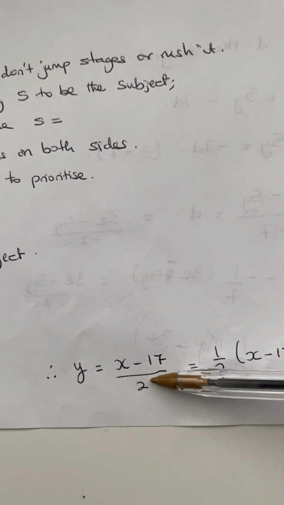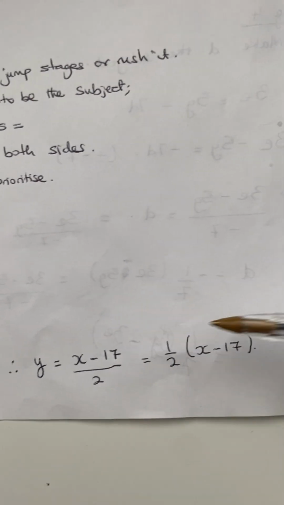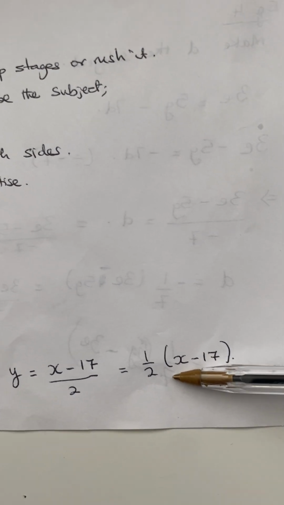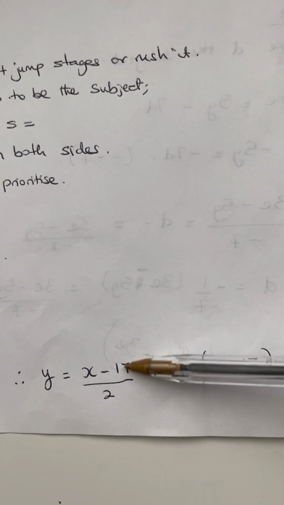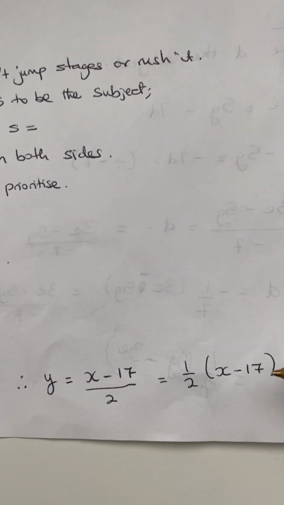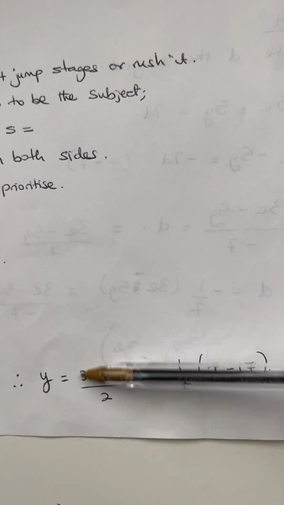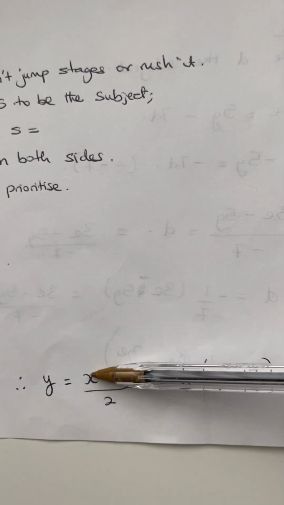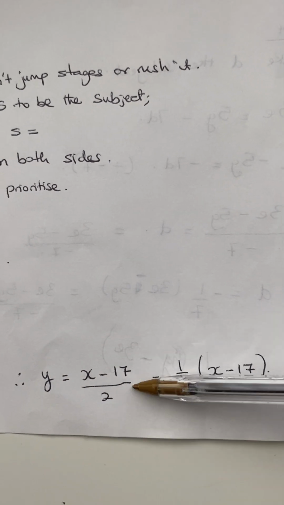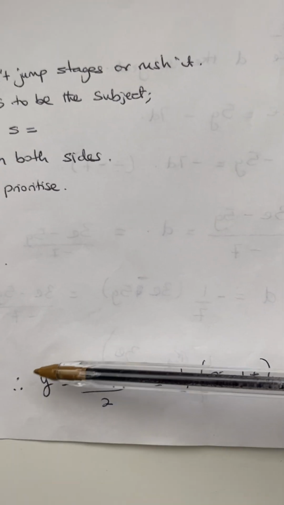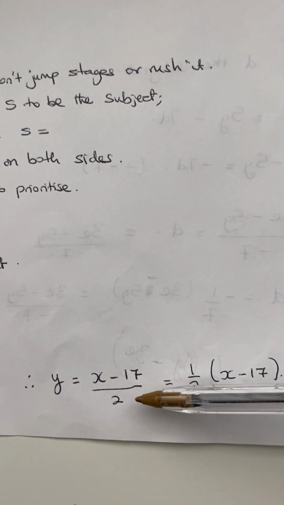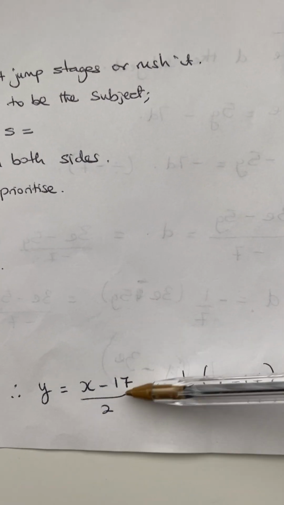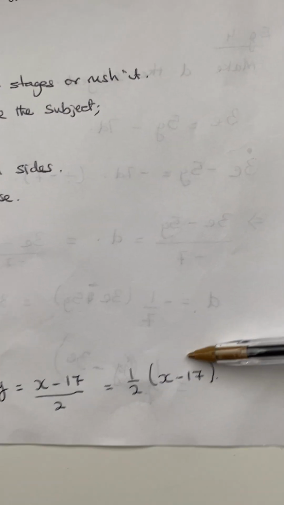When you get to this point, you can stop if you are not confident using brackets, but go as far as you can. Make sure you don't get this right and get this wrong. So I would advise that if you get to this place, you've made y the subject, not 2y but y, you can leave it like that if you can't do this.